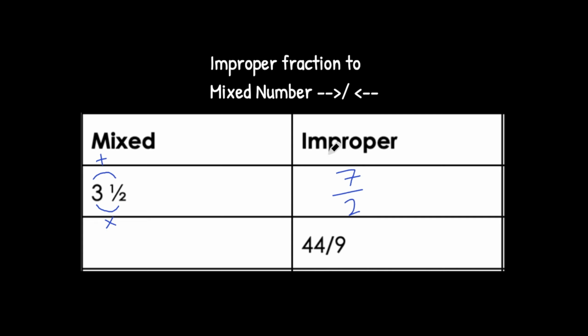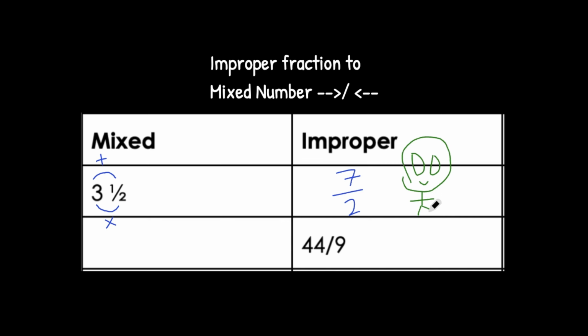An improper fraction is a fraction where the numerator is bigger than the denominator. It always reminds me of our awesome green friends, the aliens, where the head is big and the body is small. Alright?